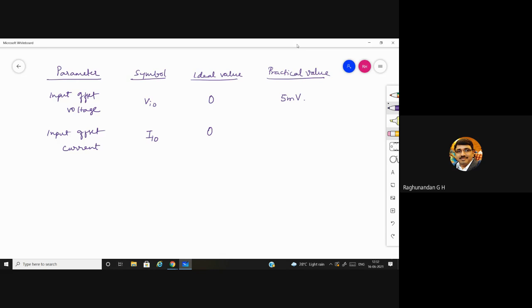Ideally it is 0, but practically it will be 200 nanoampere. And input bias current, that is IB. Ideally, we say it is 0. Can anyone tell me why we consider it as 0 ideally?